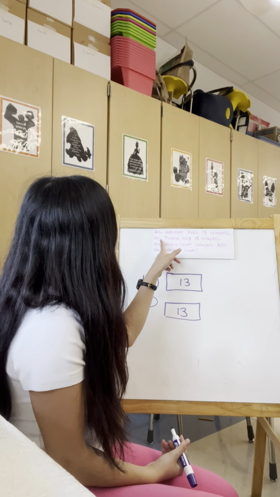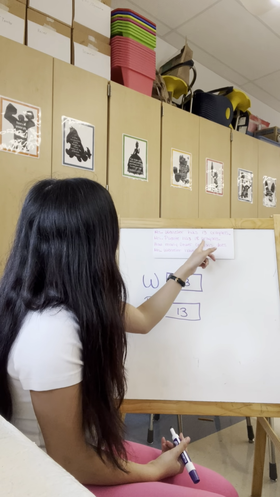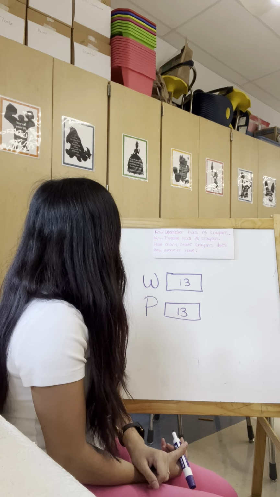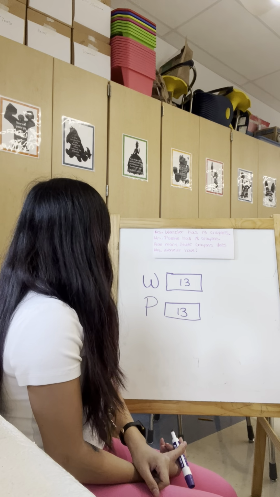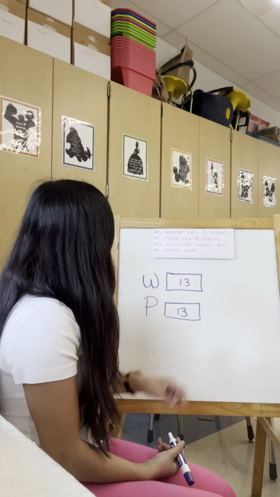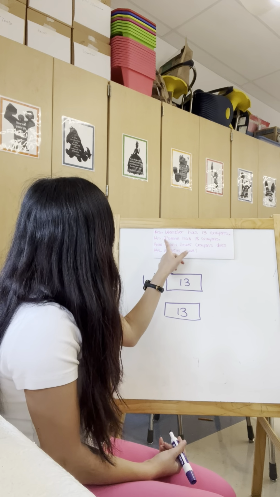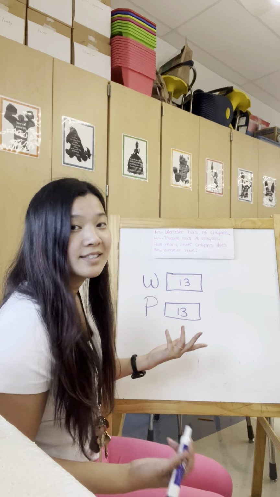But I see that they say Miss Puente has 18 crayons. So Miss Puente has more than Miss Wentzler. So I know that my extra tape goes on Miss Puente because she has more. She has 18.